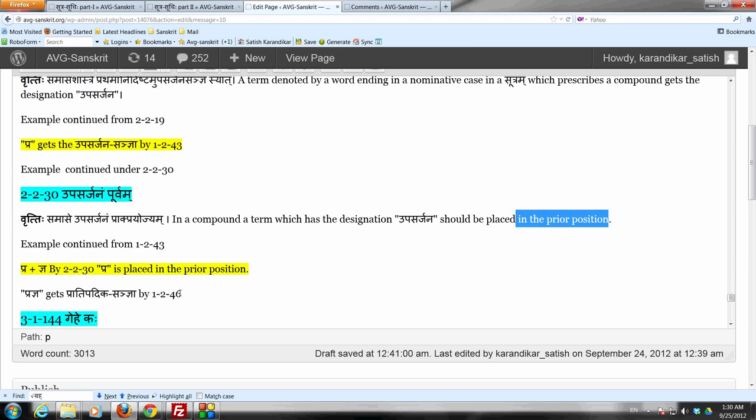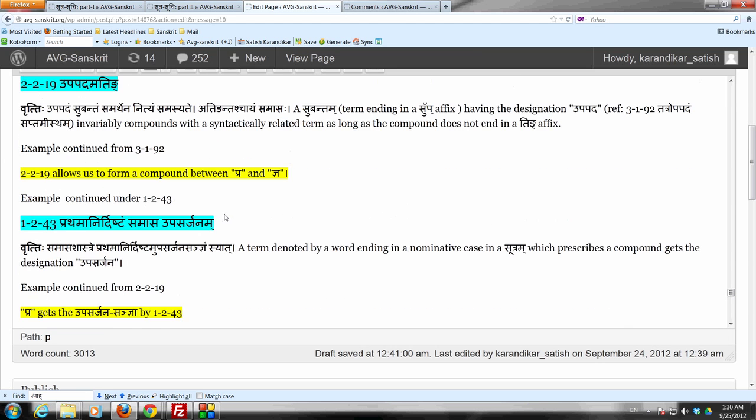So finally we derive this prajna, which of course gets the pratipadika sanya by krit taddhita samasascha. This is a samasaha. So let us now go back and trace this derivation quickly before we close this example.